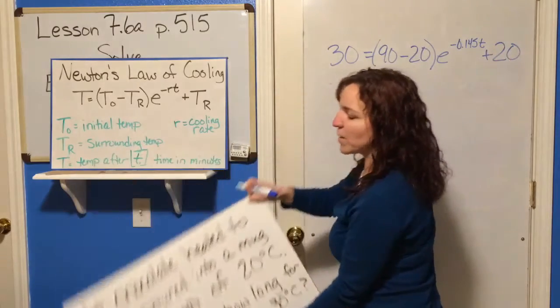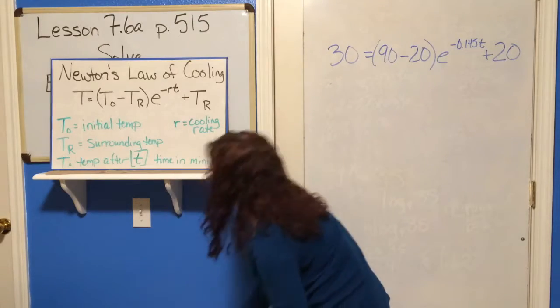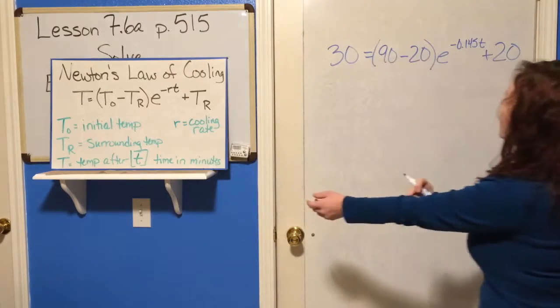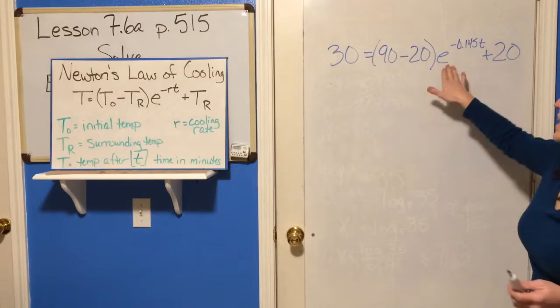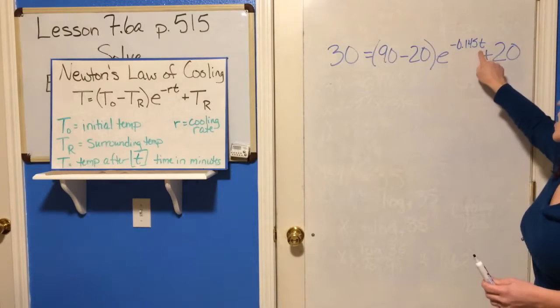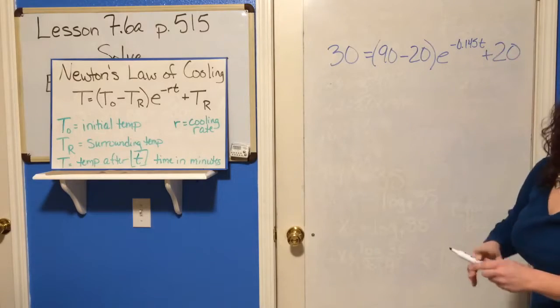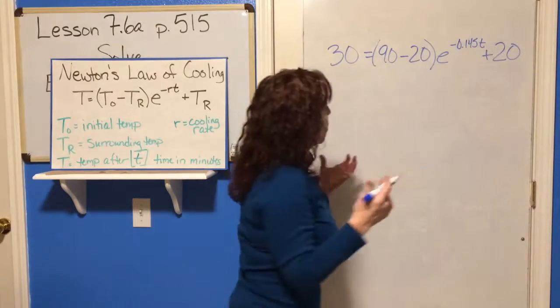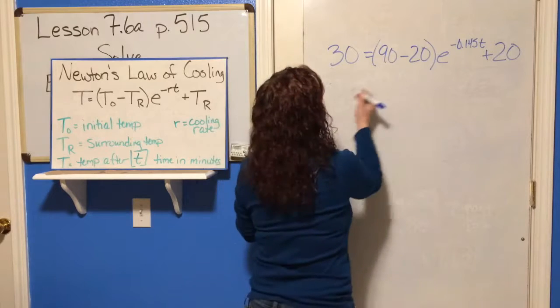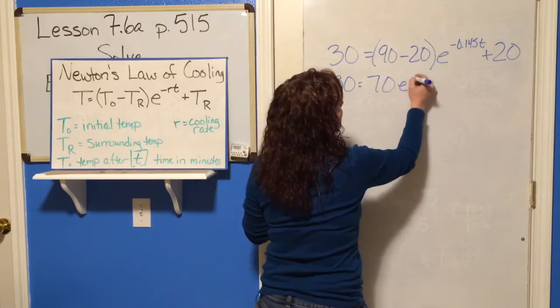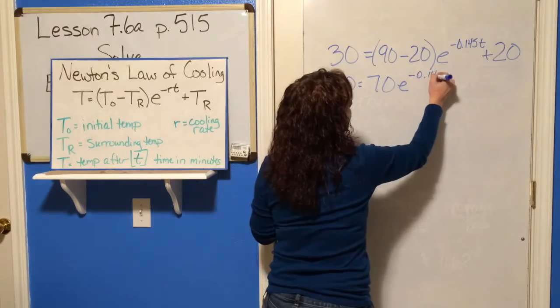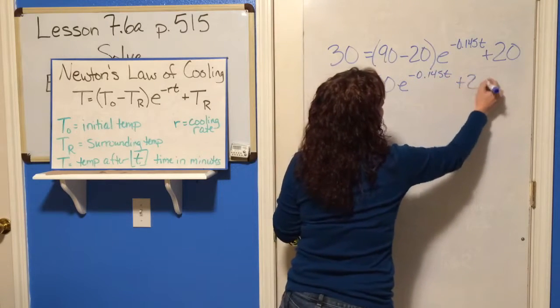Once we've got the parts, now we only have one unknown. Remember, e is a constant, so we can just solve it. Let's start with the easy parts. 90 minus 20 is 70, so 30 equals 70e to the negative 0.145t, plus 20.